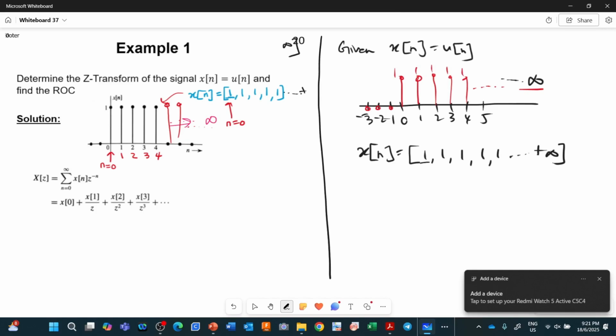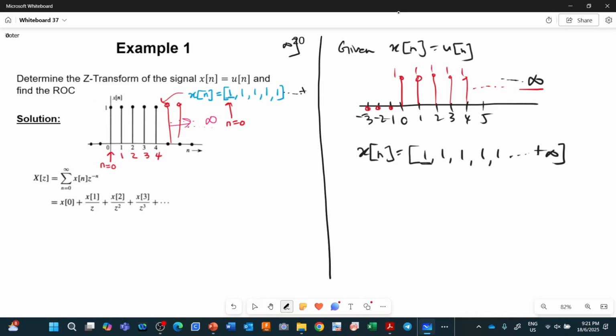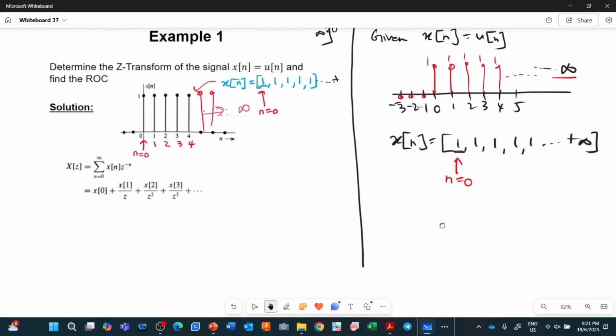In that equation, n equal to 0 is labeled with an underline, meaning that n equal to 0 is 1, 1, 1, 1 until infinity. Based on this, determine the z transform of the signal xn.